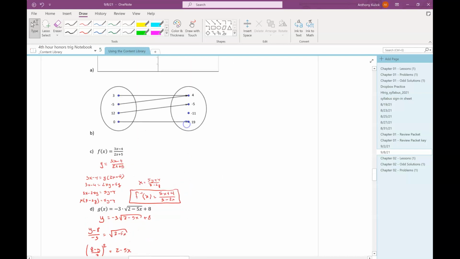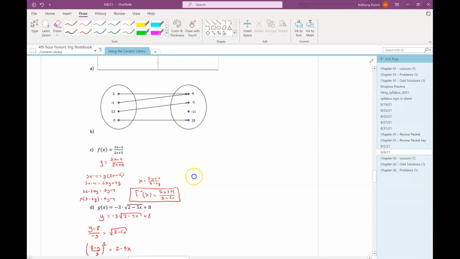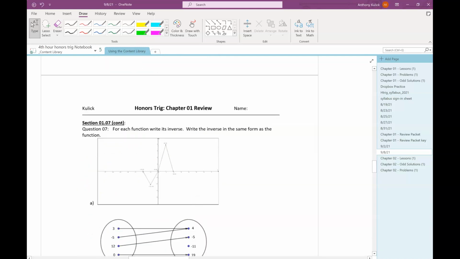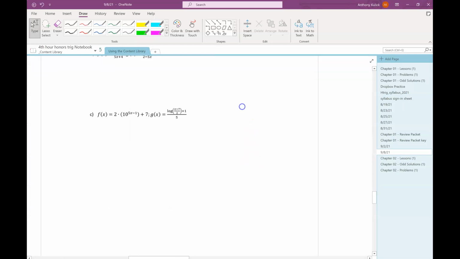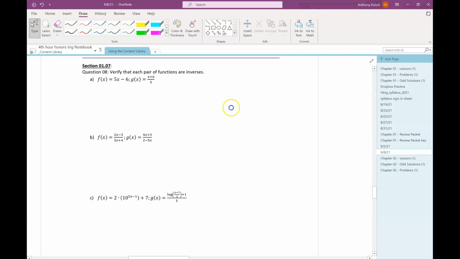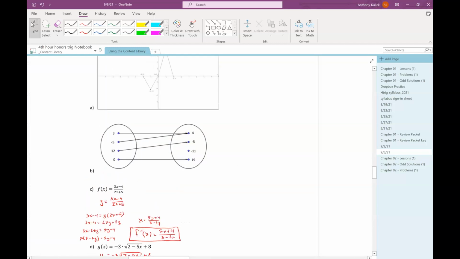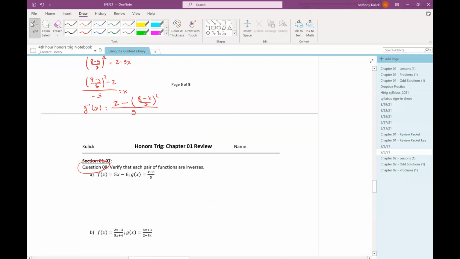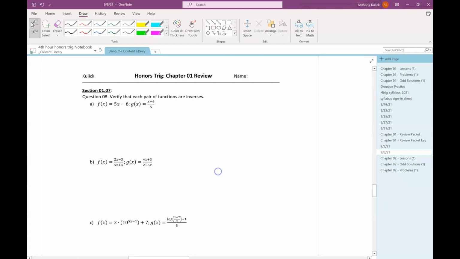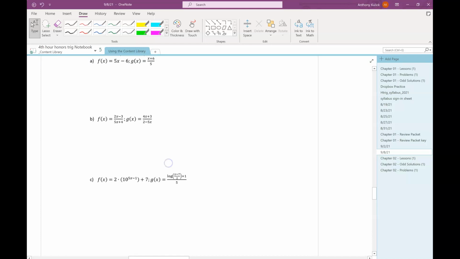So the question under B. The non-continued one. Yeah, the B, go down, so like question 8. Okay, that's okay. I just wanted to make sure. Okay. So yeah, that one for B.